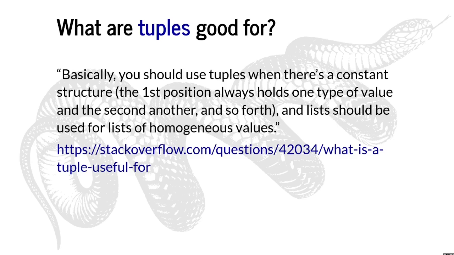If you follow that link, I guess you have to click on the HTML slides to get to the clickable link here. But if you look that up, there's more discussion around this that goes into more depth and explains things in more detail.